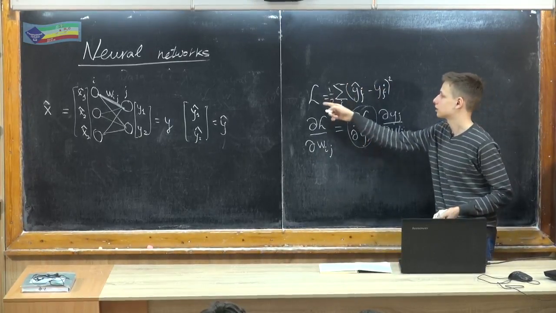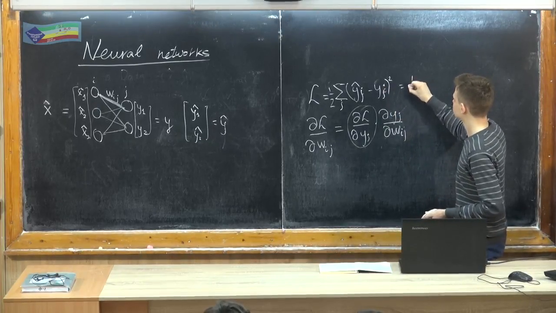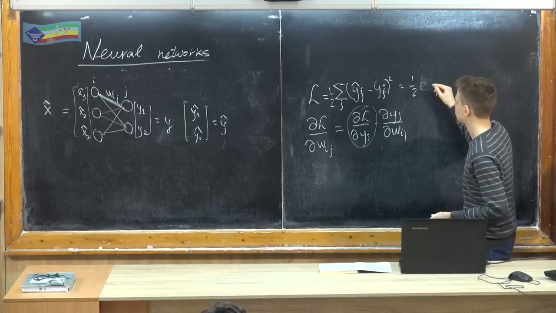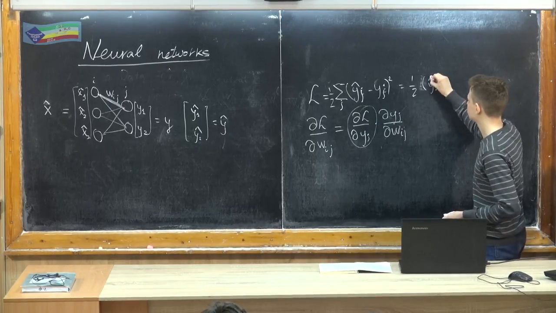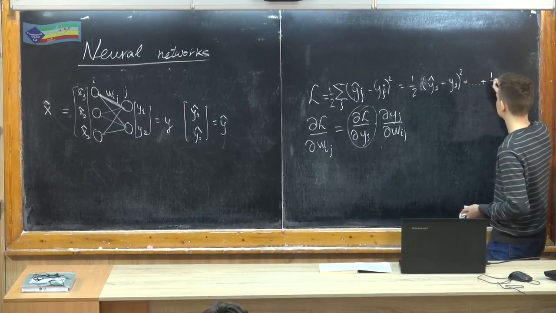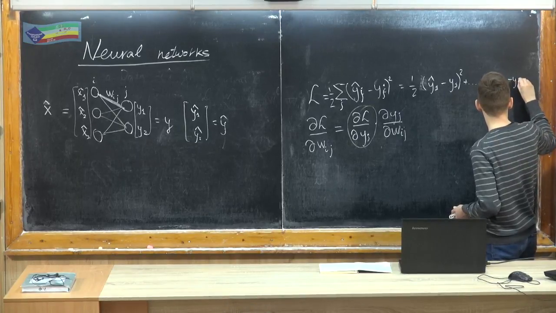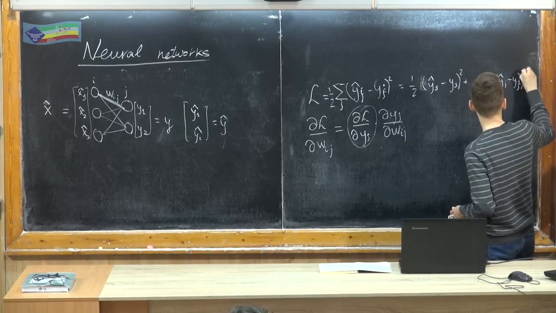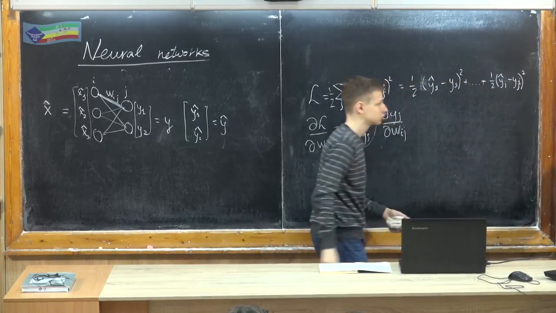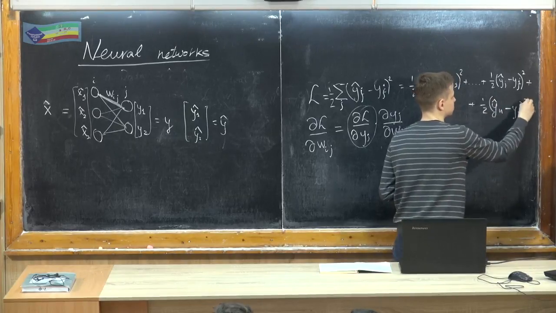We can see that yj can be rewritten as a sum over the inputs.